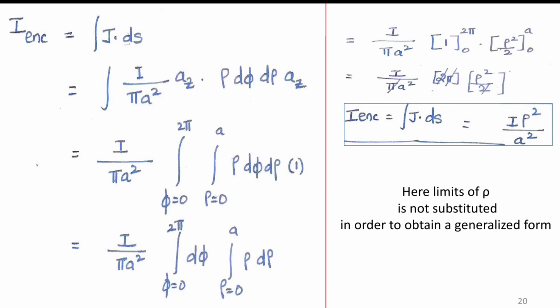Now we integrate this and go for a simple calculation. We get I enclosed is equal to the closed integral of J dot ds is equal to I rho square divided by a square. Here the limits of rho are not substituted in order to obtain a generalized form. That is the clarification. Okay.